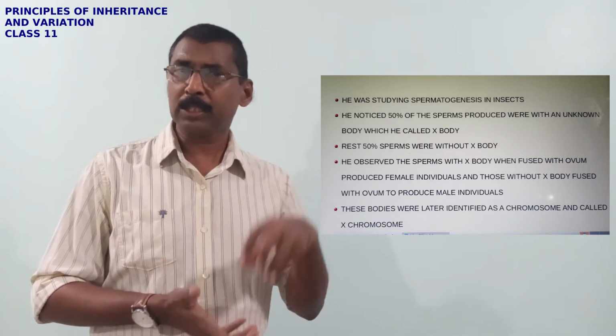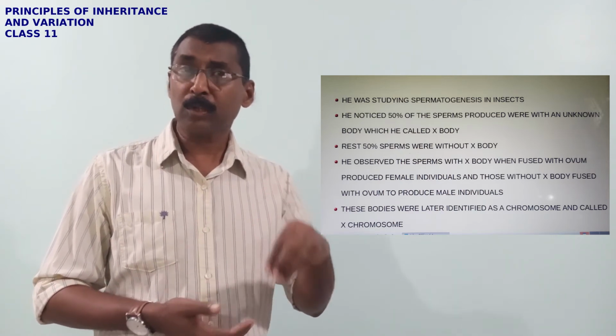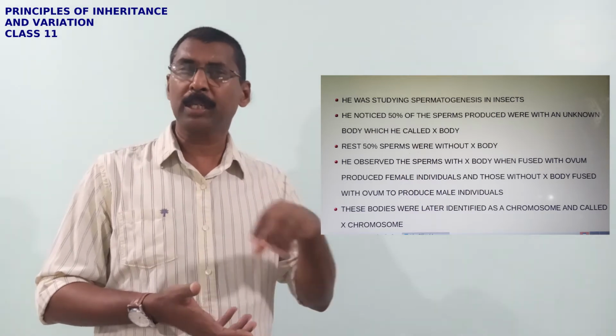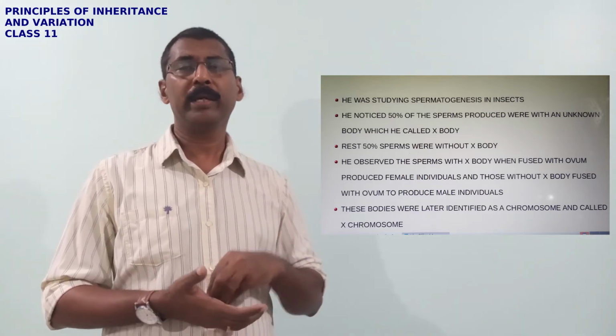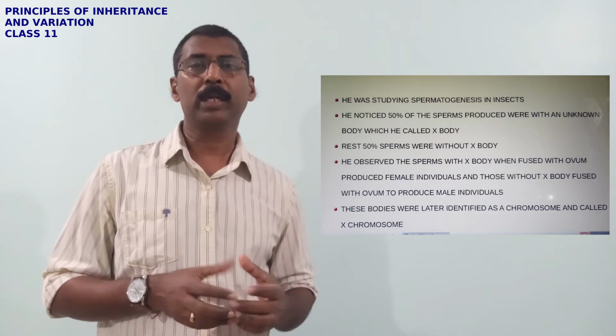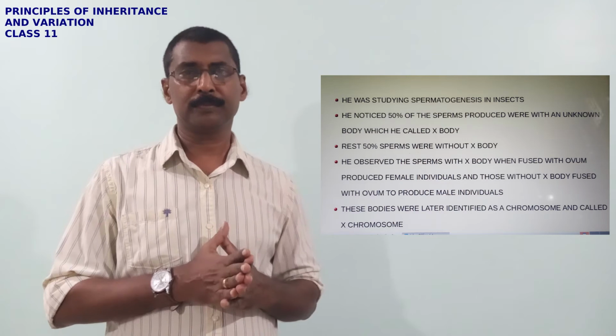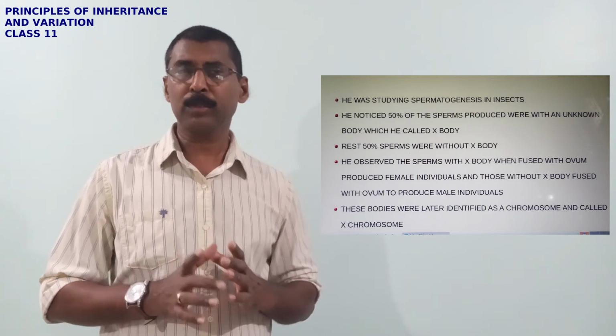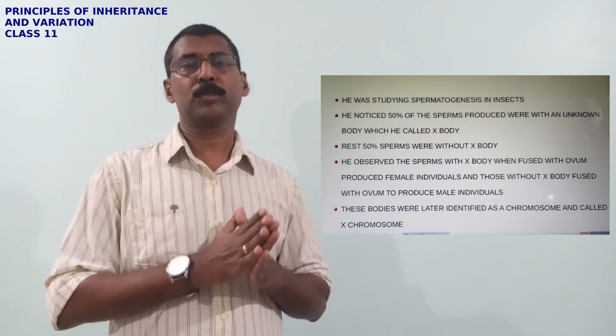And as it was understood that this X chromosome has some role in determining the sex of the individual, later it was called a sex chromosome. So X chromosome or sex chromosome.